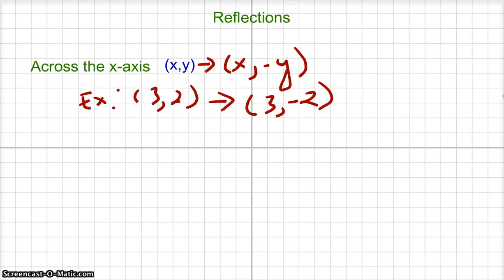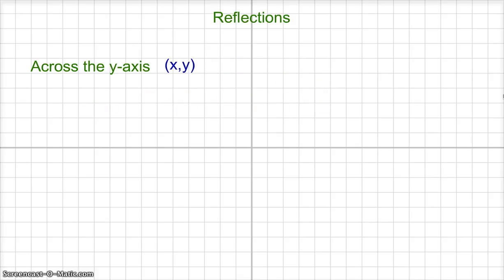Alright, so an example for across the y-axis. Let's say I was at negative 3, positive 5.